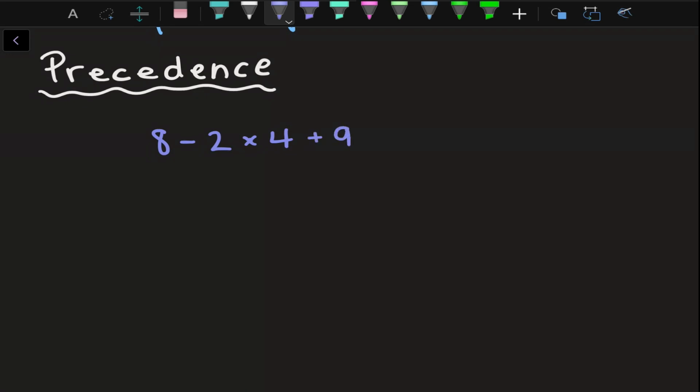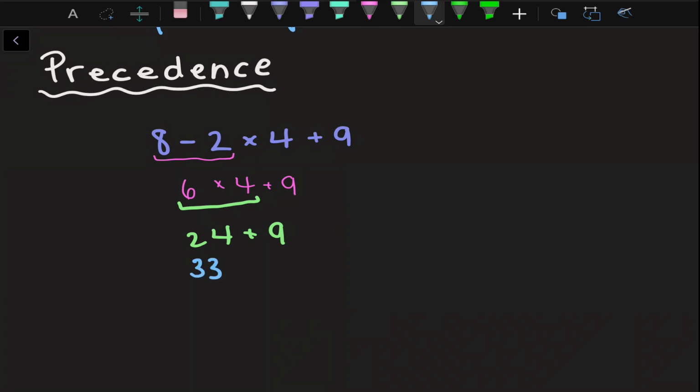So if we go in order here, from left to right, we would do 8 minus 2 first. 8 minus 2 is 6, and then we would do the rest of that. Now if we were to do the next step, we'd get 6 times 4, 6 times 4 is 24, and if we add 9 to that, we'd end up with a final answer of 33.